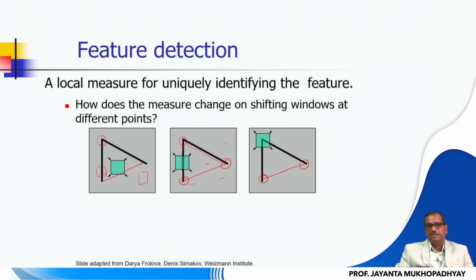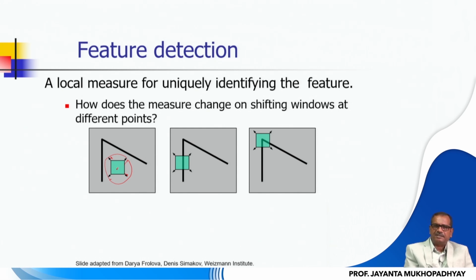Now, one way we try to measure this kind of distinctiveness is how the variation takes place if we move around the neighborhood. Here, if I consider a central point and its neighborhood, and move in any direction and consider the variation, say I take the sum of squares of pixel values as the measure.